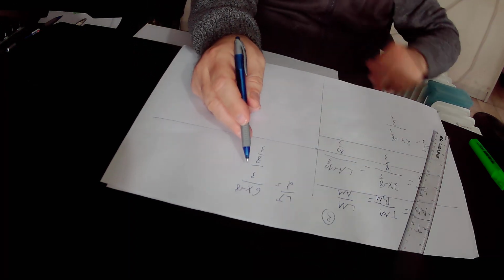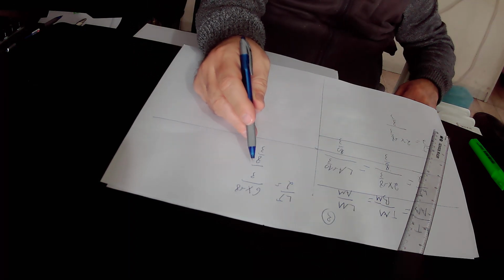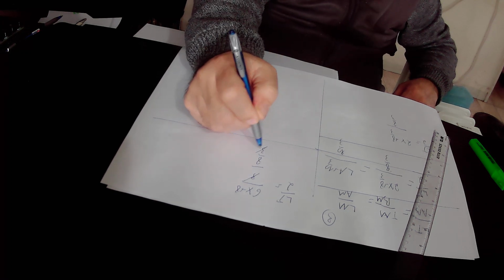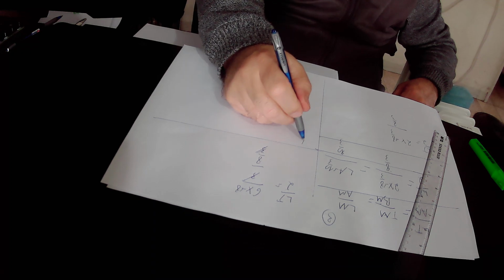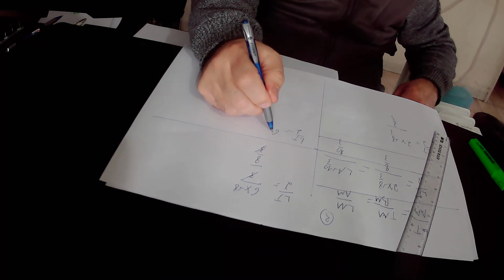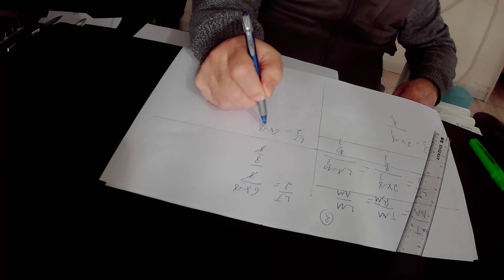In this side of the equation we have 3 in the numerator and 3 in the denominator, so 3 will get cancelled. After we cancel 3, we are left only with LT over 2 equals 6x plus 8 over 8.